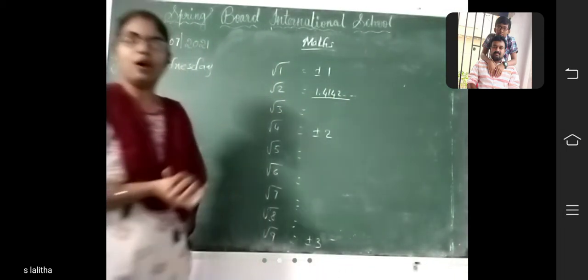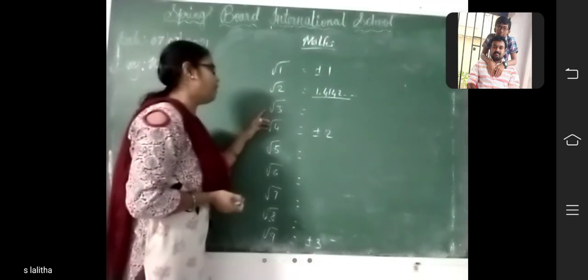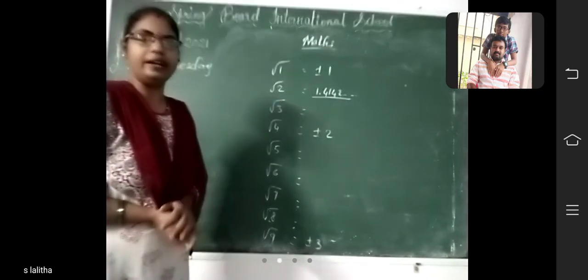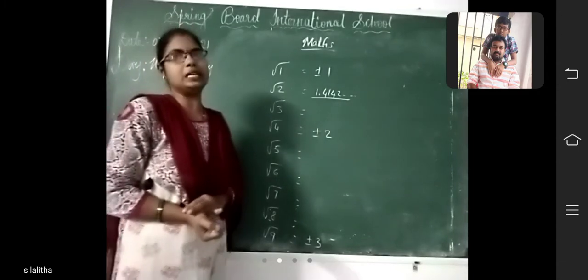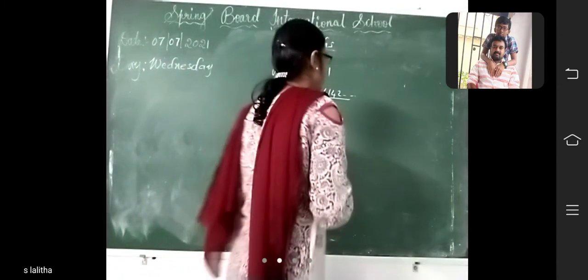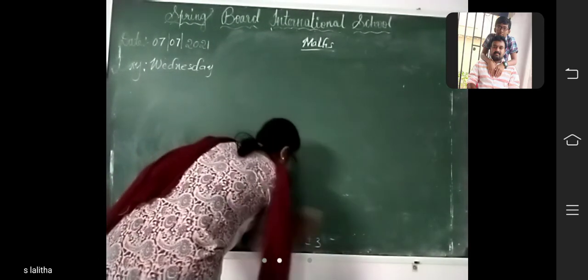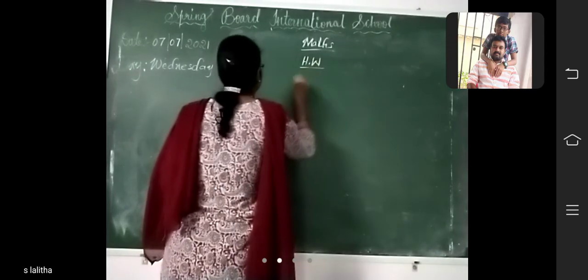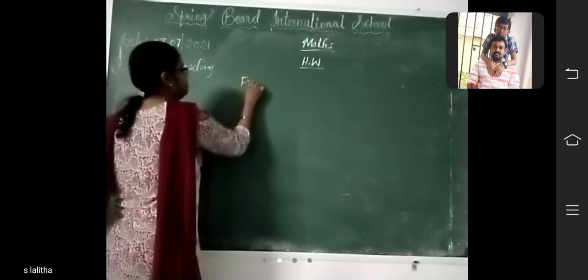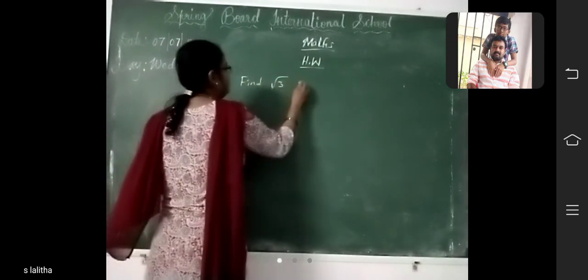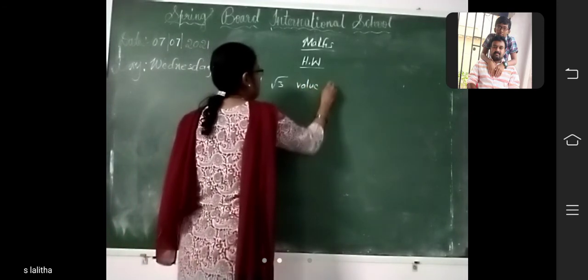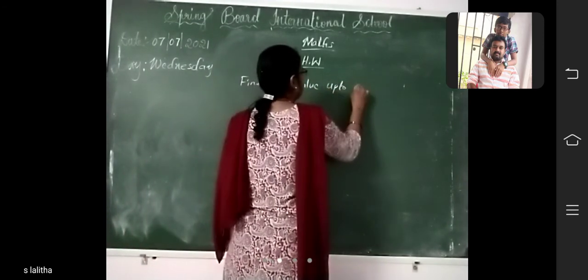So today's homework is: you have to find the root 3 value up to 6 decimals. Note down the homework, children. Find root 3 value up to 6 decimals.